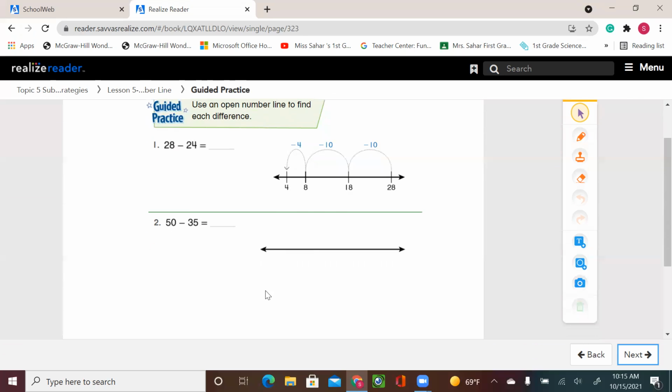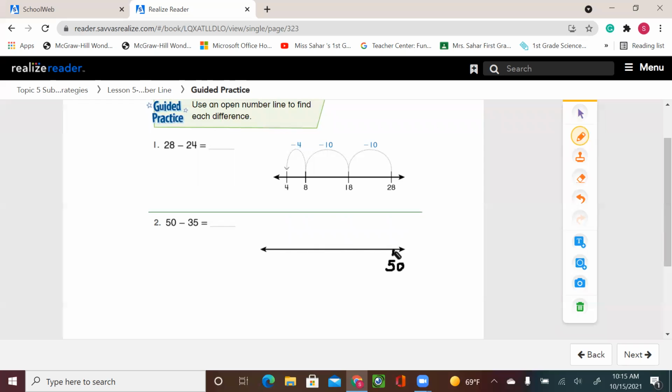Okay, let's see the next example. We have 50 take away 35. So I'm going to start with my 50. And I can do it the same way, jump 3 tens because I have 3 tens in the 30.